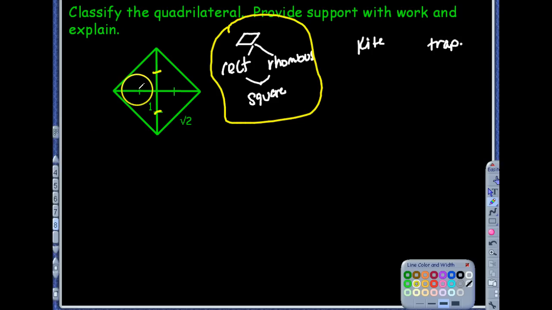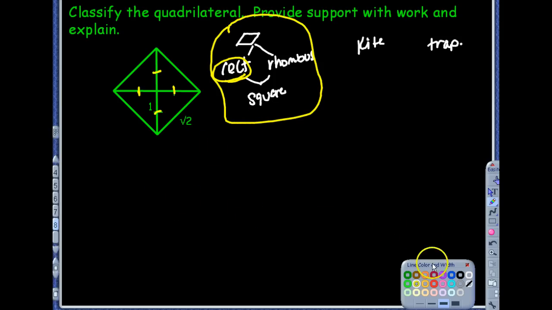And I even noticed that the diagonals look like they're congruent. They would have to be, right? Yeah, because if they're all bisecting and they're all the same, that could be a rectangle, right? Correct. So the question is, could it be a square?